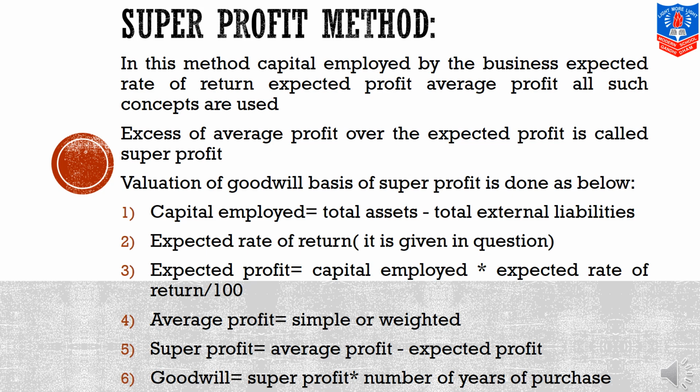Then super profit: average profit minus expected profit. Last step, goodwill, that will be super profit multiplied by number of years of purchase. Now let's check a practical sum to get more knowledge of it.